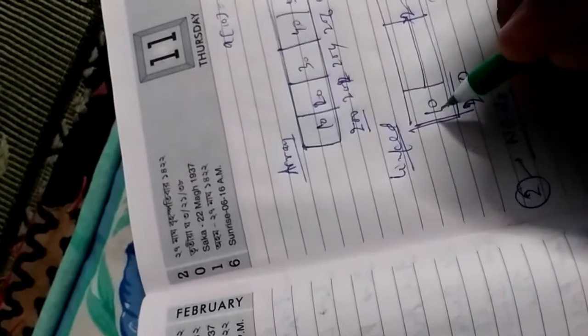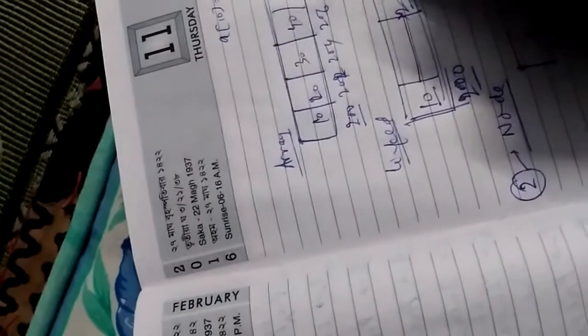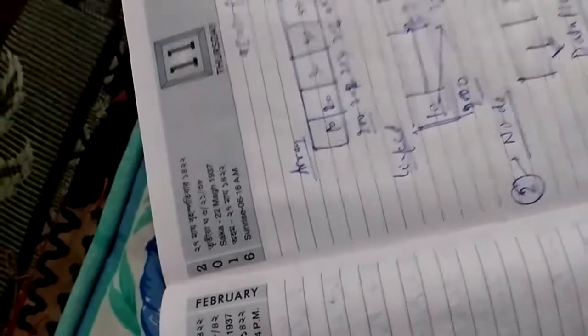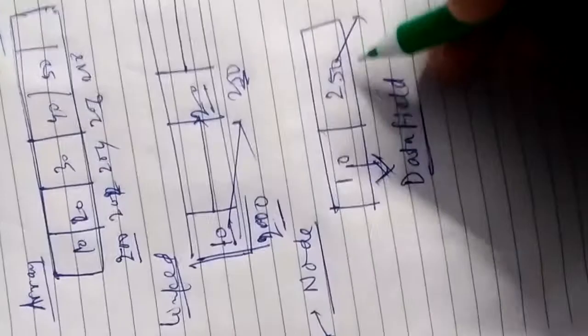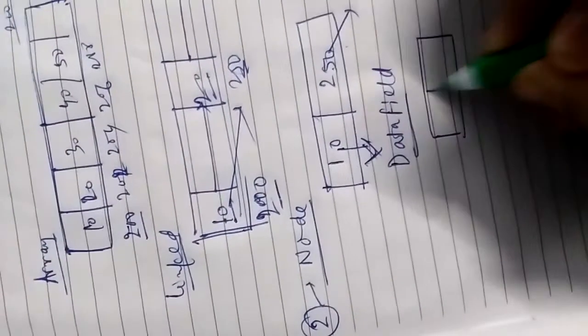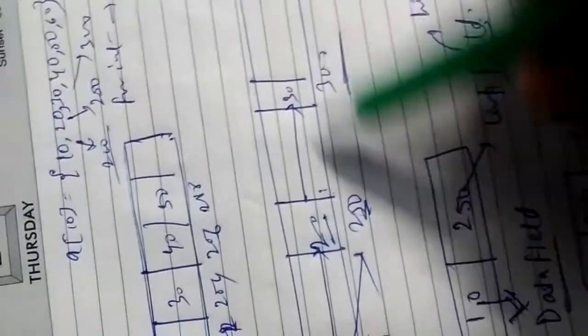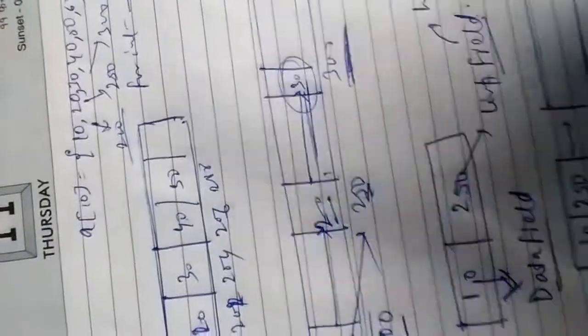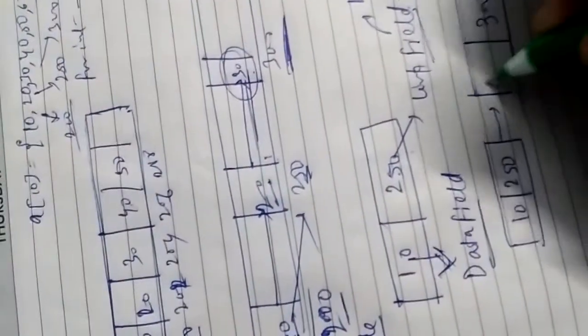So here is 10 at 200 and here is 20 at 250. The link field of the first node stores the address 250, and the data part stores the item, 10. So a link is created from 10 to 250, then the next element is 20, whose link is 300, and then 30 at 300.